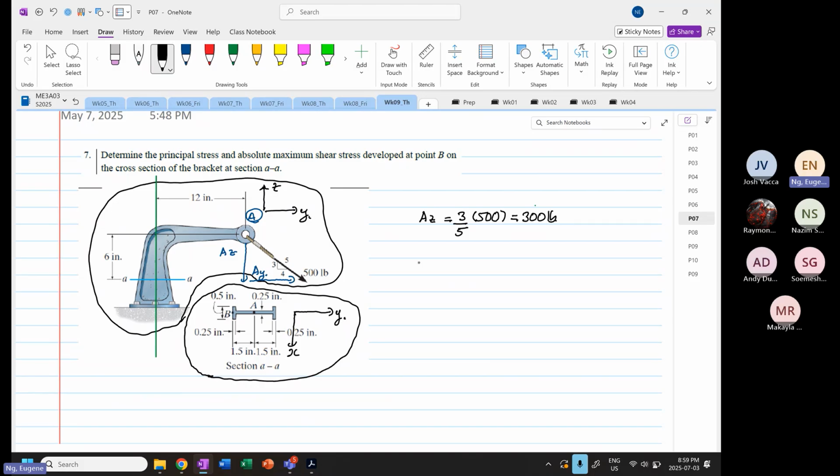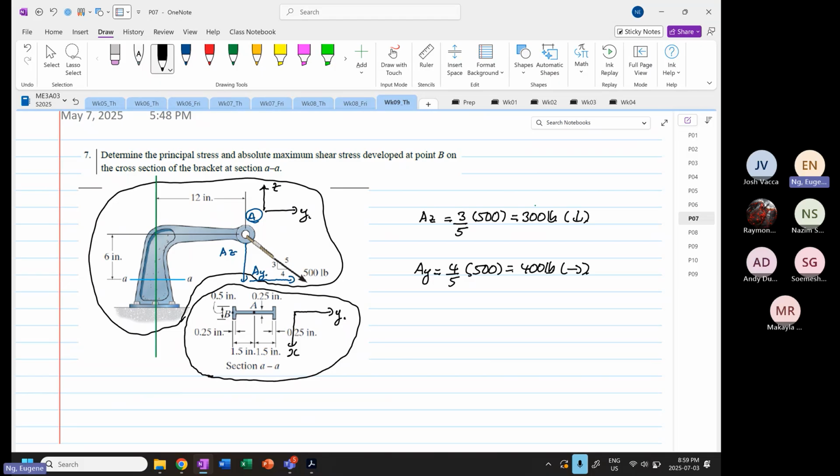And we know our AY is going to be 4/5 times 500, so it's 400. This is going downwards. This is going towards the right.